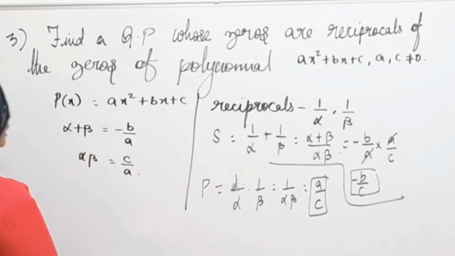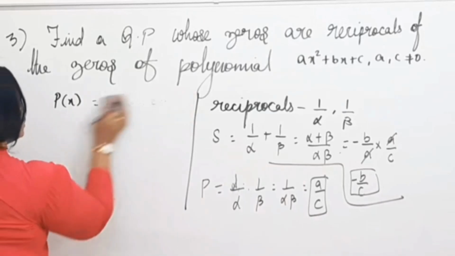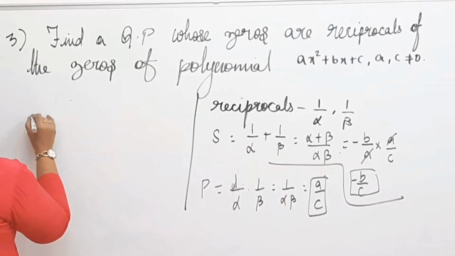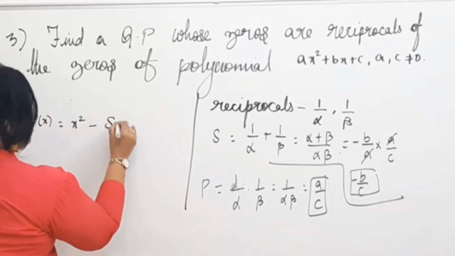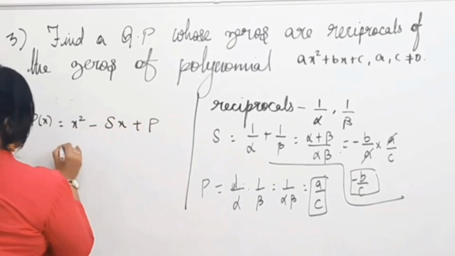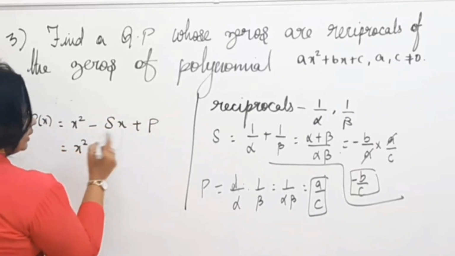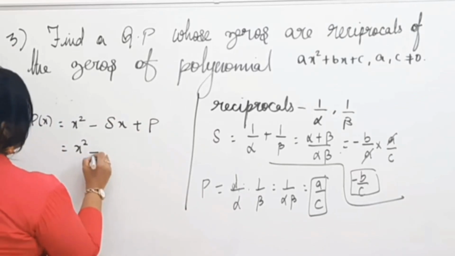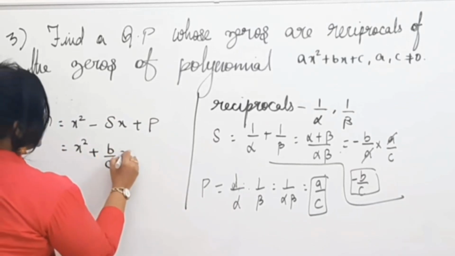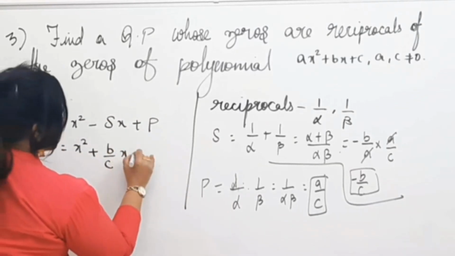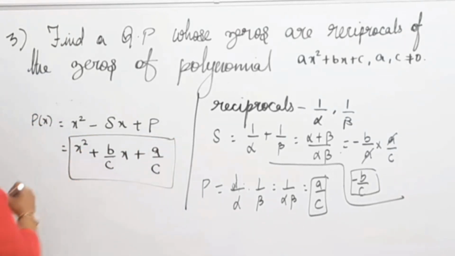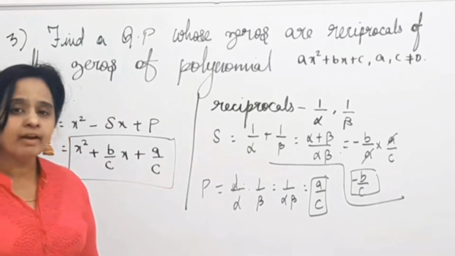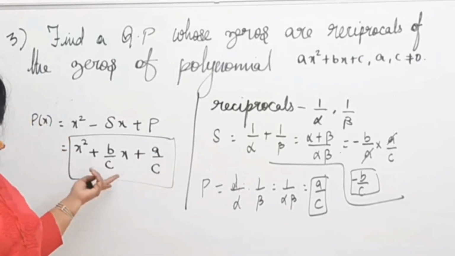The polynomial takes the form p of x is equal to x squared minus sum into x plus the product. So x squared minus, the sum is minus b by c, so it becomes plus b by c into x, and the product is plus a by c. So my quadratic polynomial for the zeros 1 by alpha and 1 by beta is as simple as that.